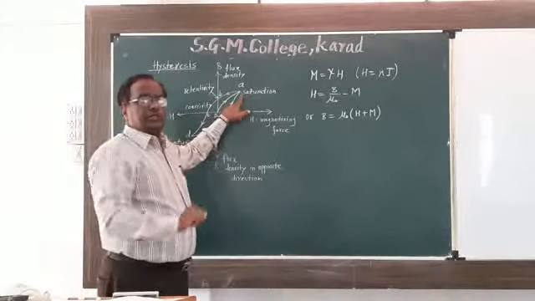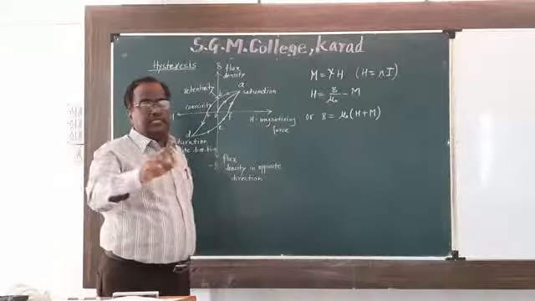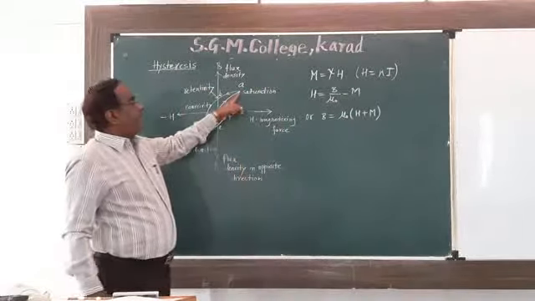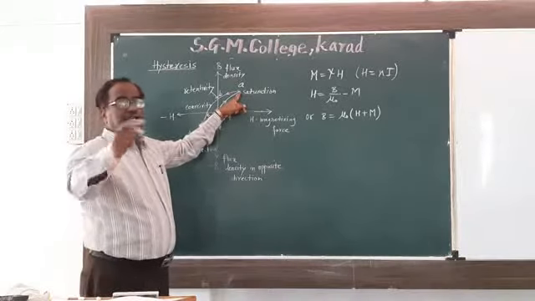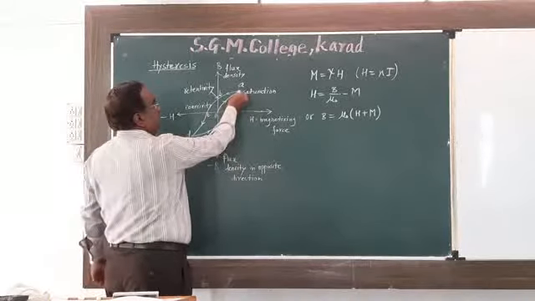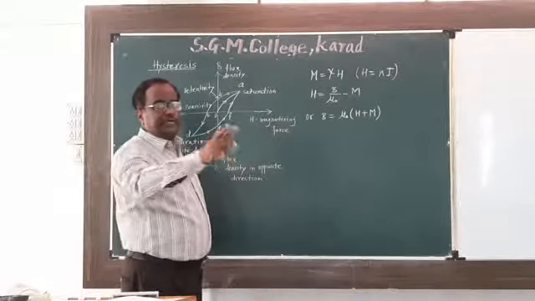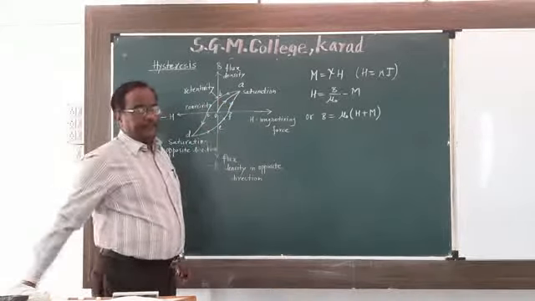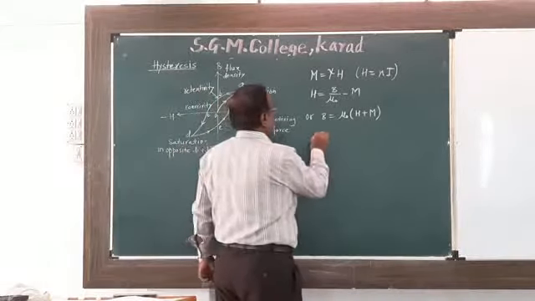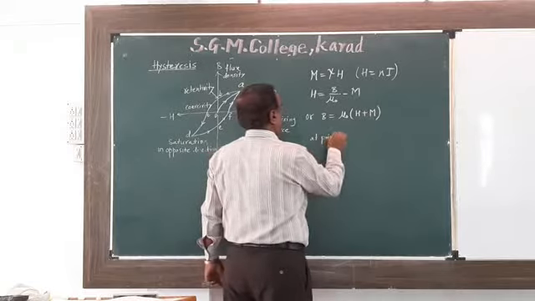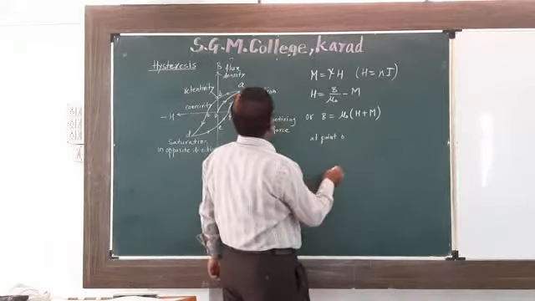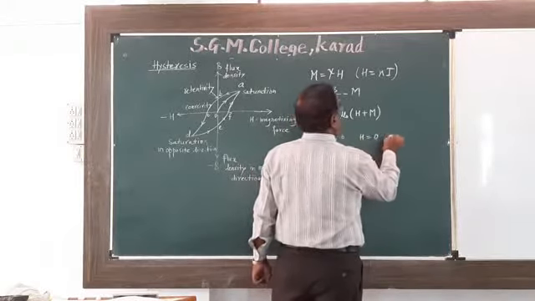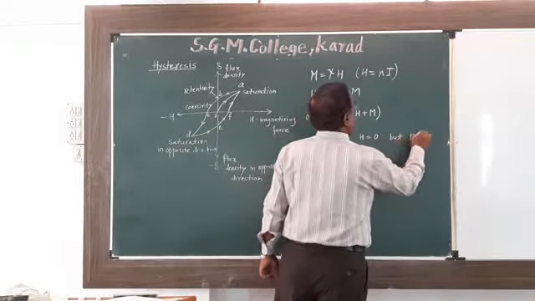Now, if we reduce the current in the solenoid coil, the path is not retraced, but B decreases. I decreases, B decreases, and we reach point B. At point B, remember that H is equal to 0, but B is not equal to 0.